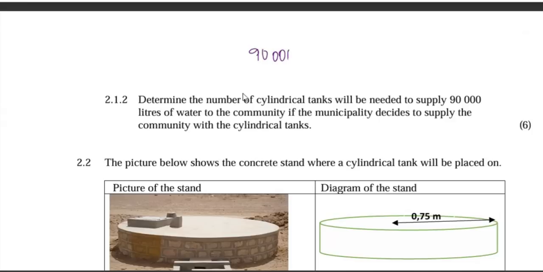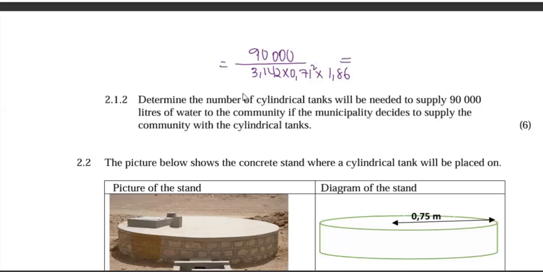So we shall take the 90,000 divided by 3,142 times 0.71 squared times 1,86. We are looking for how much volume we shall get there. So it's 90,000 divided by pi r squared times 1,86.